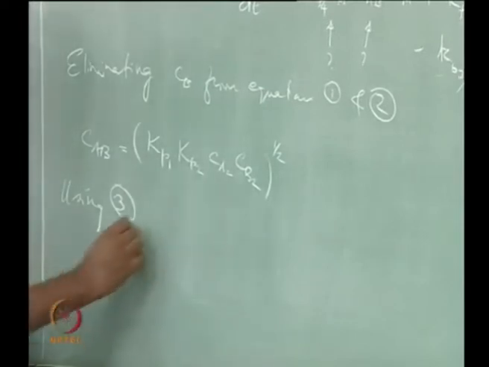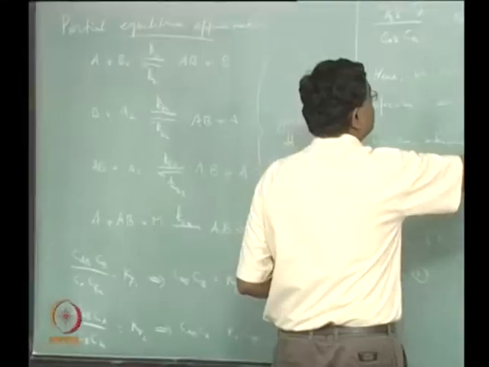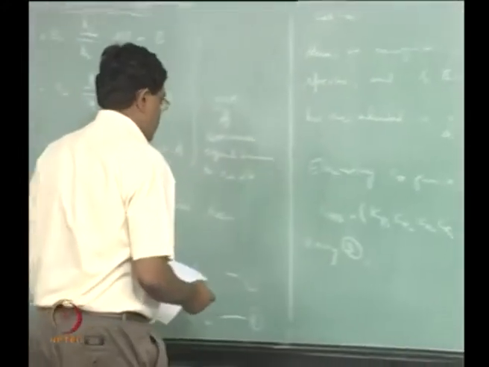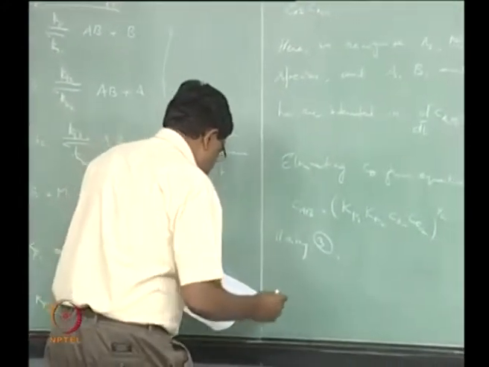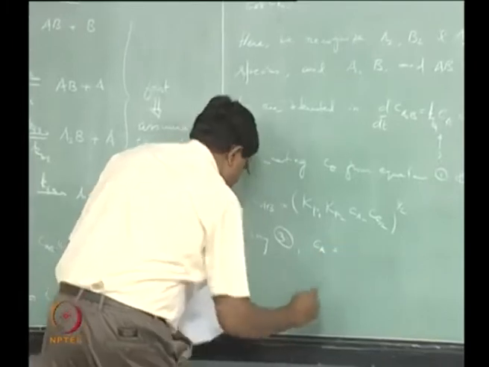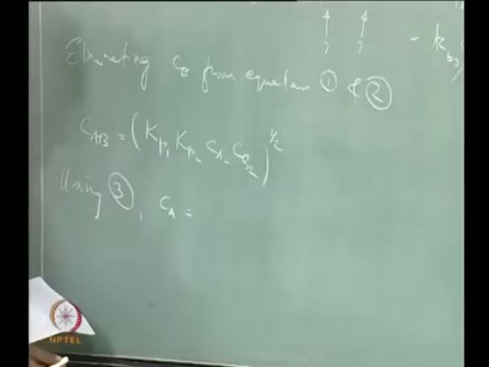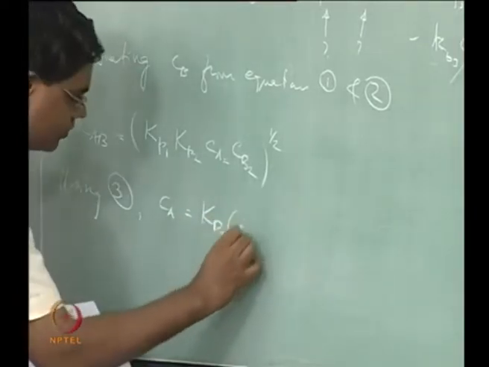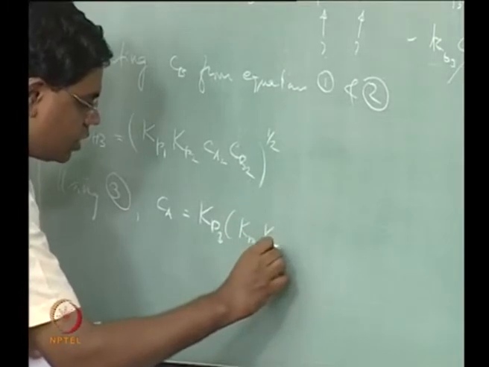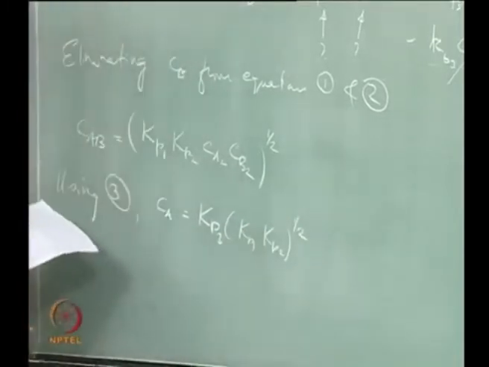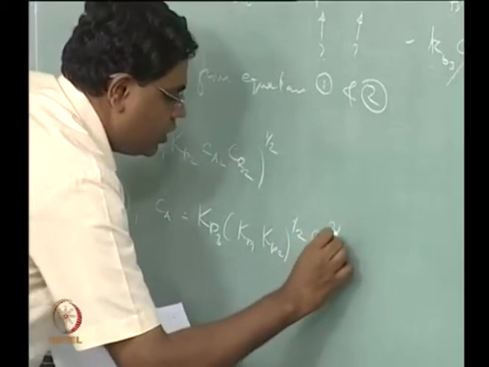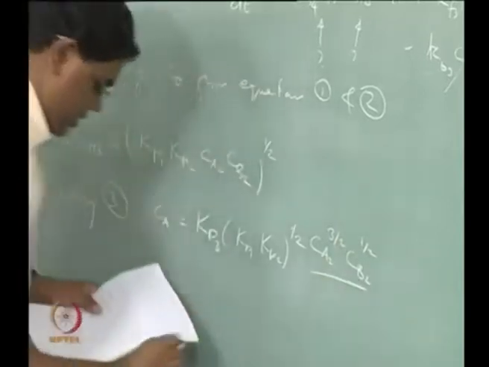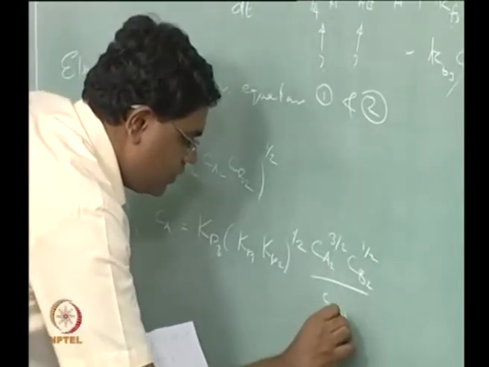We should be able to find there is a CA sitting there, and AB is something there, so we can plug this expression there, and so we can find CA equal to, I'm just giving the final answer, KP3 KP1 KP2 to the half, CA2 to the 3 halves, CB2 to the half divided by CA2B.